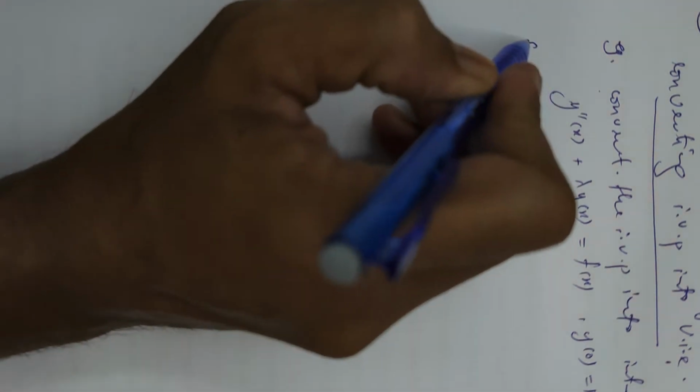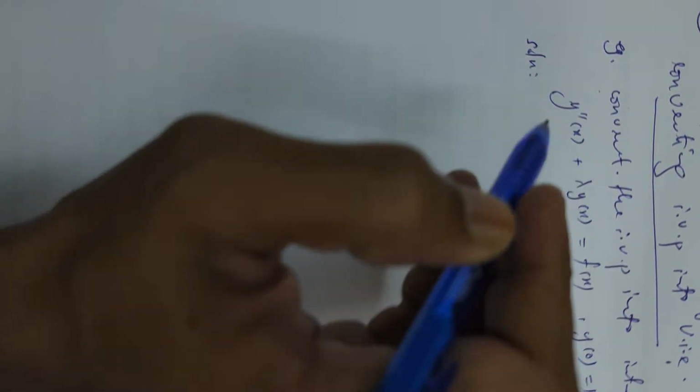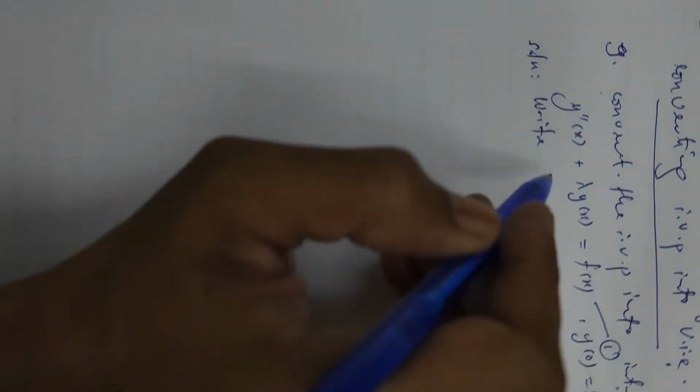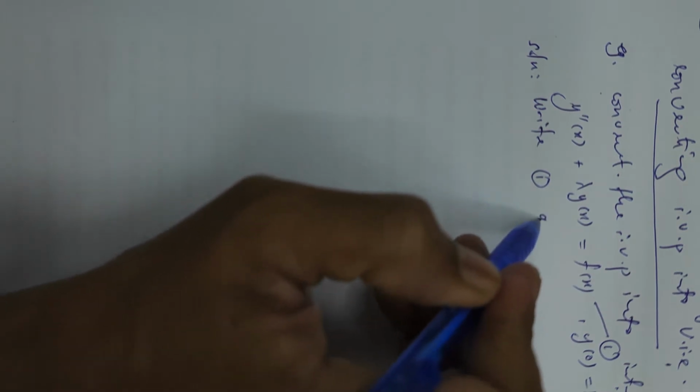Now first thing, we write the given equation with y double prime as the main subject. Solution. Let's call this equation 1. So write 1 as follows.